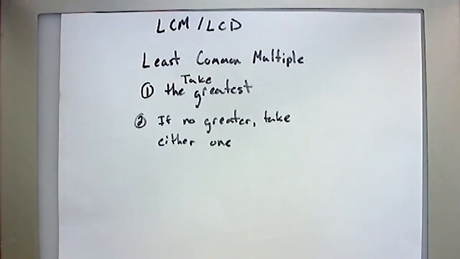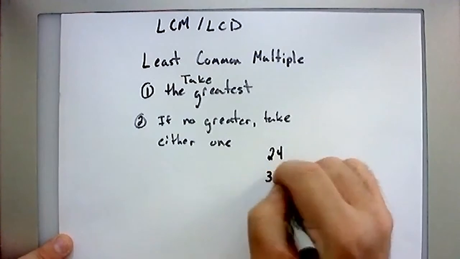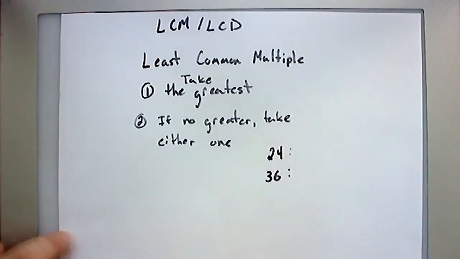So let's start off. Let's actually go back and use the same numbers that we were using for the GCF. Might save you a little time because you don't have to break them down over and over again, but also so you can compare the difference in the methods. Okay, so the first one we did for GCF was 24 and 36, right? You've already broken these down, so if you don't want to do it again, that's fine.